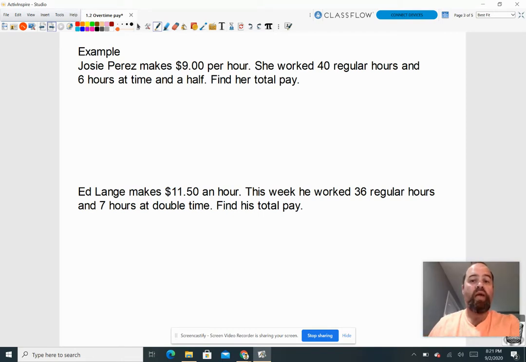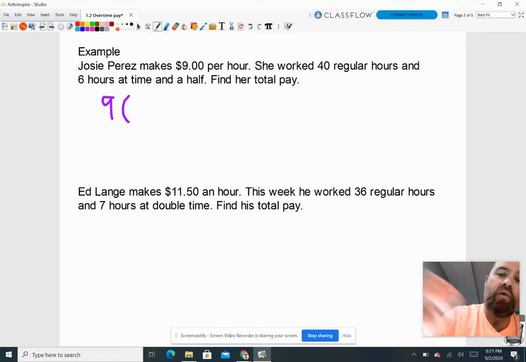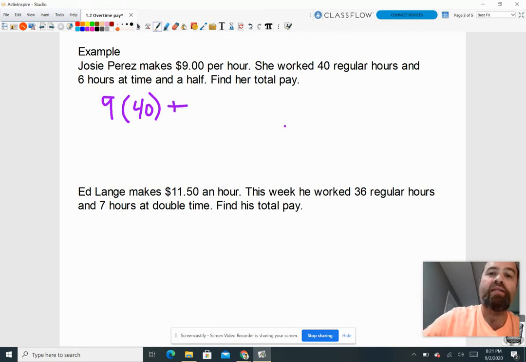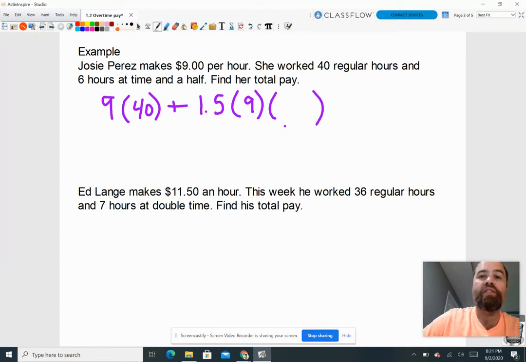So she worked $9 an hour for 40 hours. And then her overtime rate was time and a half. So that's 1.5. That's our multiplier. Time and a half, her $9 an hour, times her overtime time, which was 6 hours.